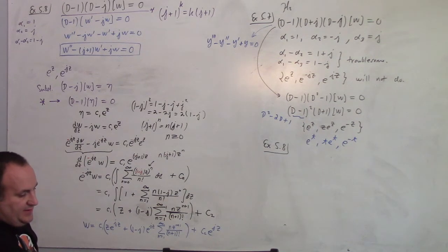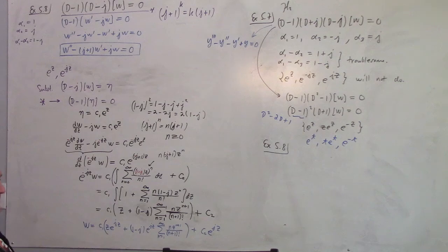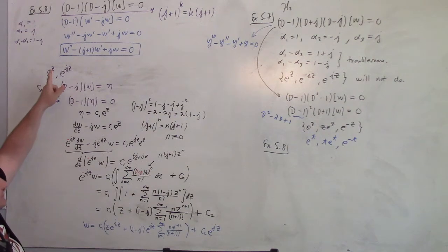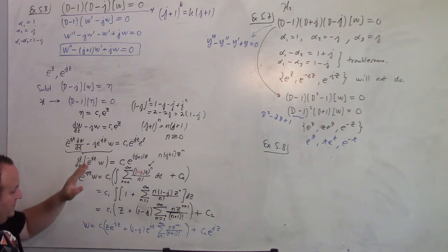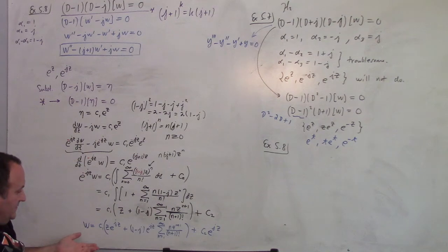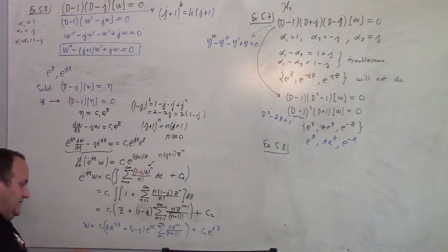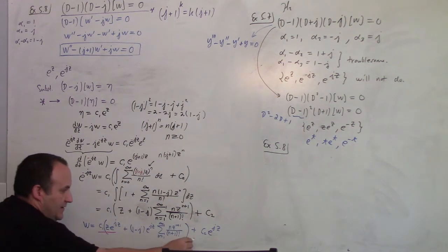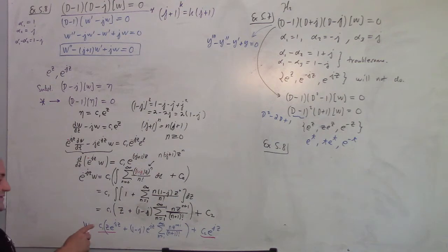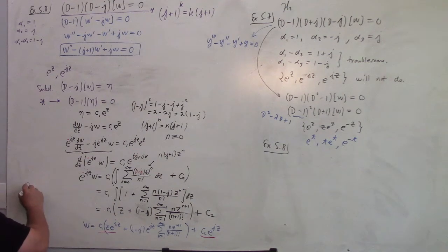I thought this was really cool when we found it, because it's like the repeated root case: when the difference of the roots is a zero divisor, the solution resembles the repeated root case, twisted a bit. That would be just straight up the solution if I had d minus j squared acting on w equal to 0.